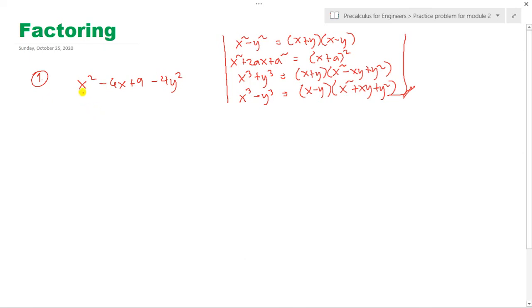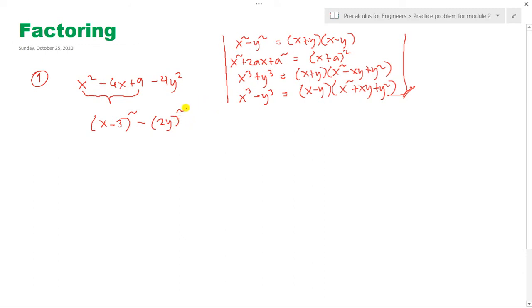So here, class, I've noticed na ito is a perfect square. So bakit perfect square? Because we can factor this as, not x plus 3, it's the opposite, x minus 3 squared. Diba napapansin nyo, kung i-expand natin to, babalik agad siya dito. So therefore that is x minus 3 squared minus 4y squared, which can also be written as 2y squared.